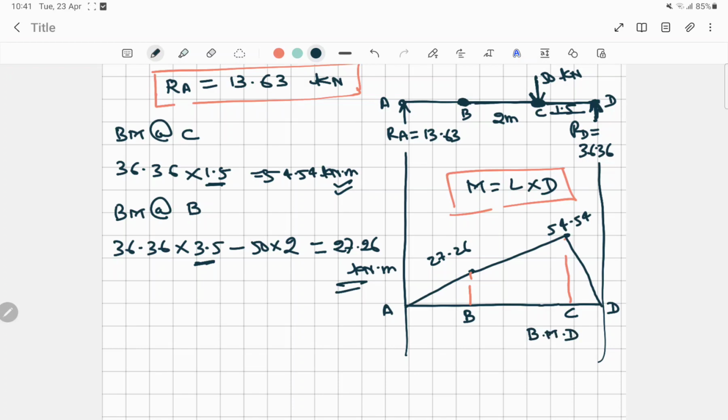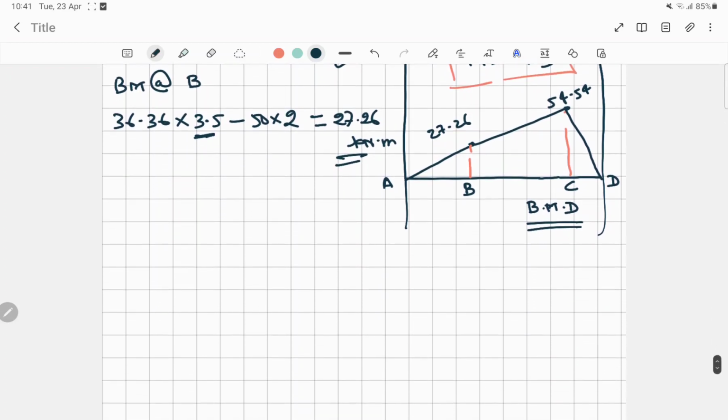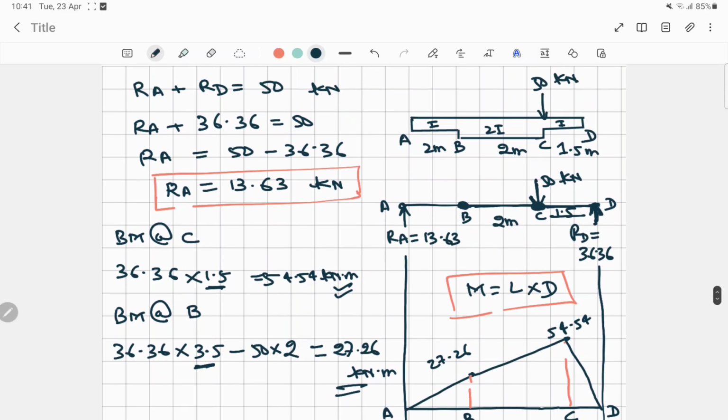Now again we have to draw the M by EI diagram, right? To draw the M by EI diagram, you can check my previous video also. So here in the M by EI diagram, A, B, C and D. Here from A to B it's I and 2I, right?